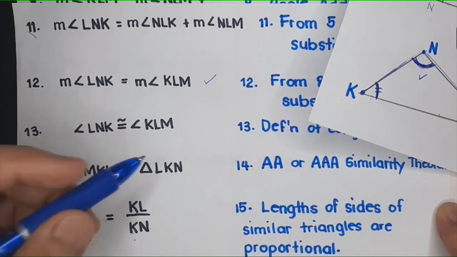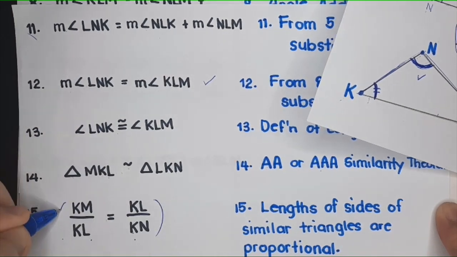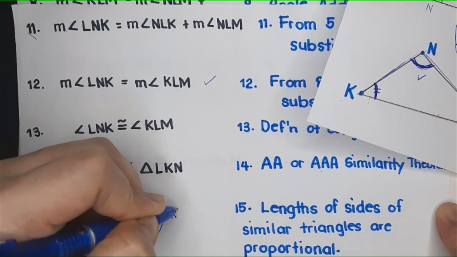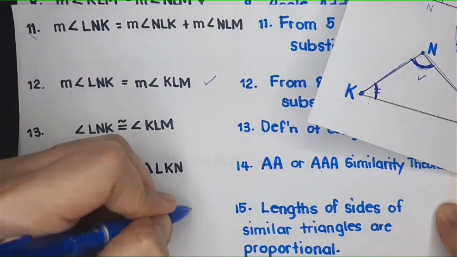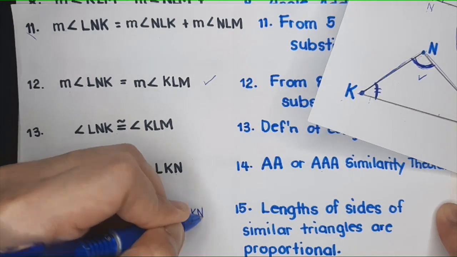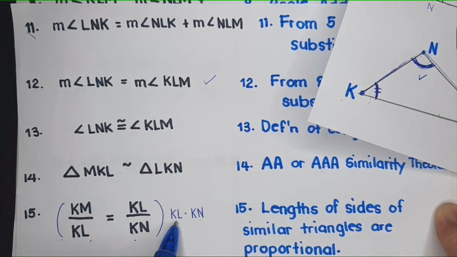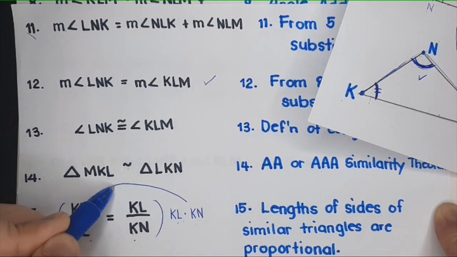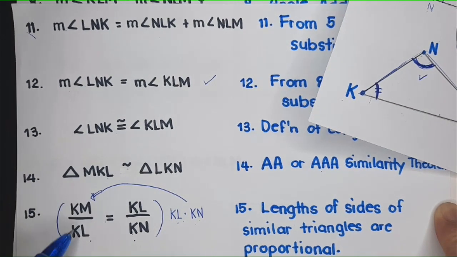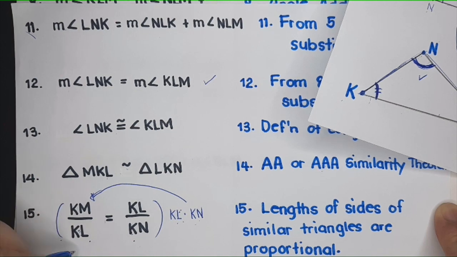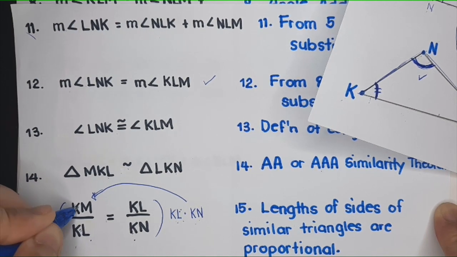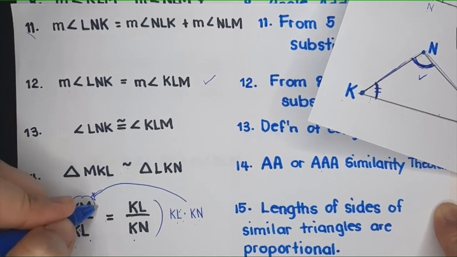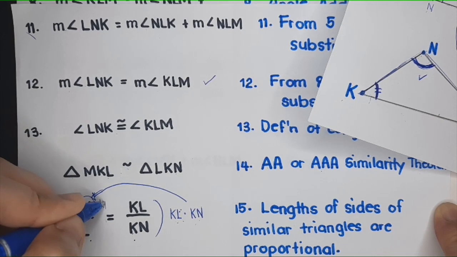We're almost there. Okay? You multiply both sides by KL times KN. Okay? Length lang ito, so numbers lang sila. Alright? If I distribute this to the first ratio, nakita nyo magka-cancel ang KL. Right? You're going to have KM times KN.